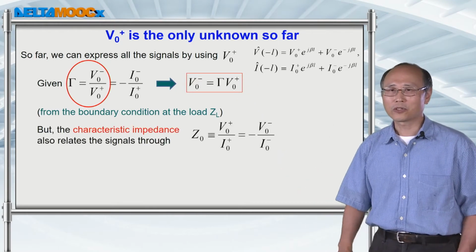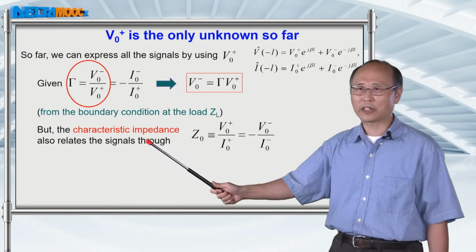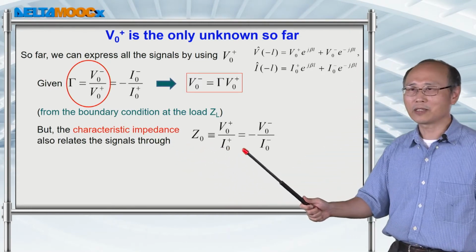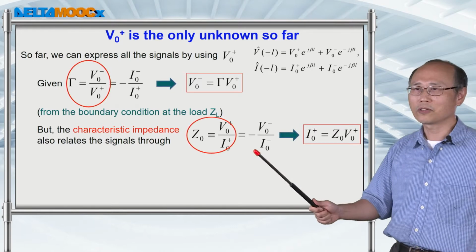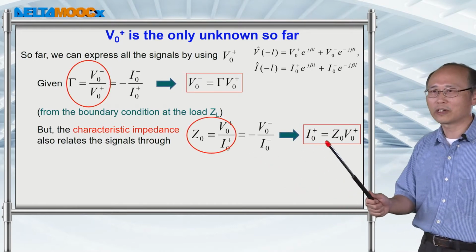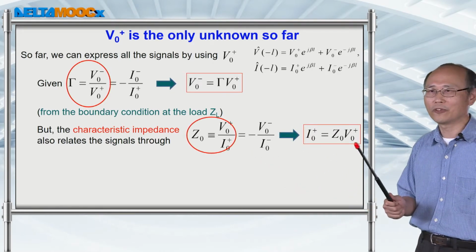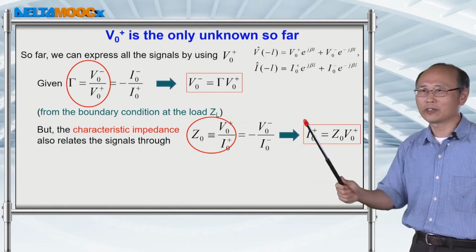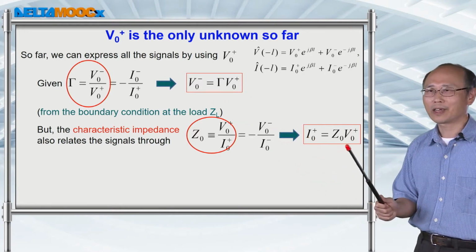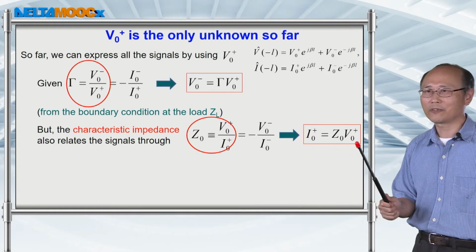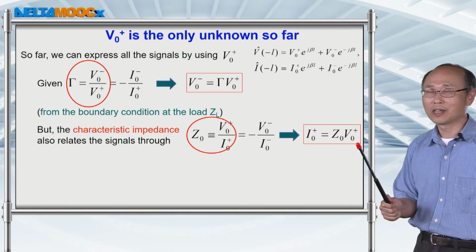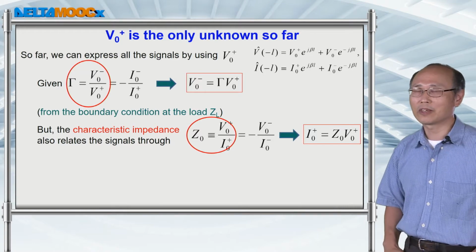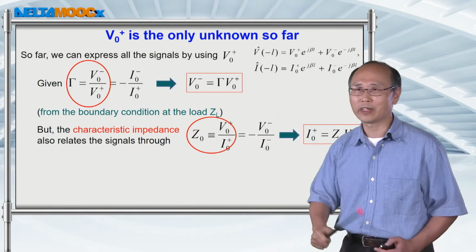Also, from the characteristic impedance given by this expression, you can express your forward current as a function of your forward voltage. So basically, your backward voltage or forward current can be calculated from the forward voltage, but at this moment we don't know the value for this forward voltage yet.